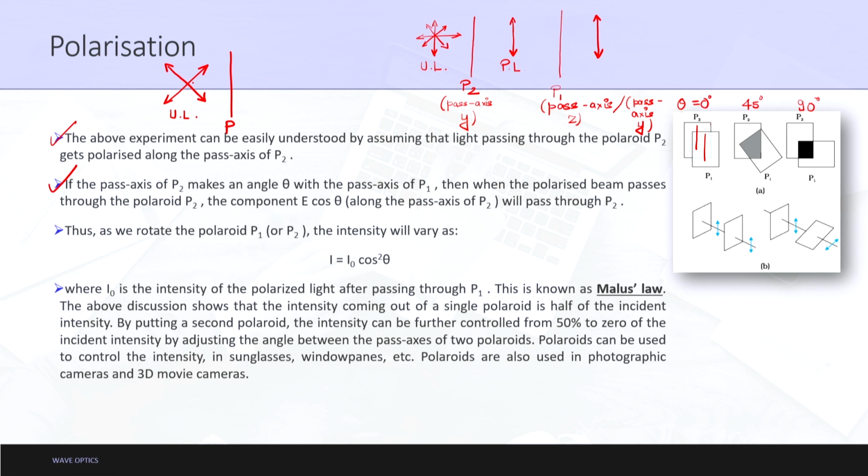What will happen is, this unpolarized light we can convert into components, and we can find that it will have a component in the X direction and the Y direction.